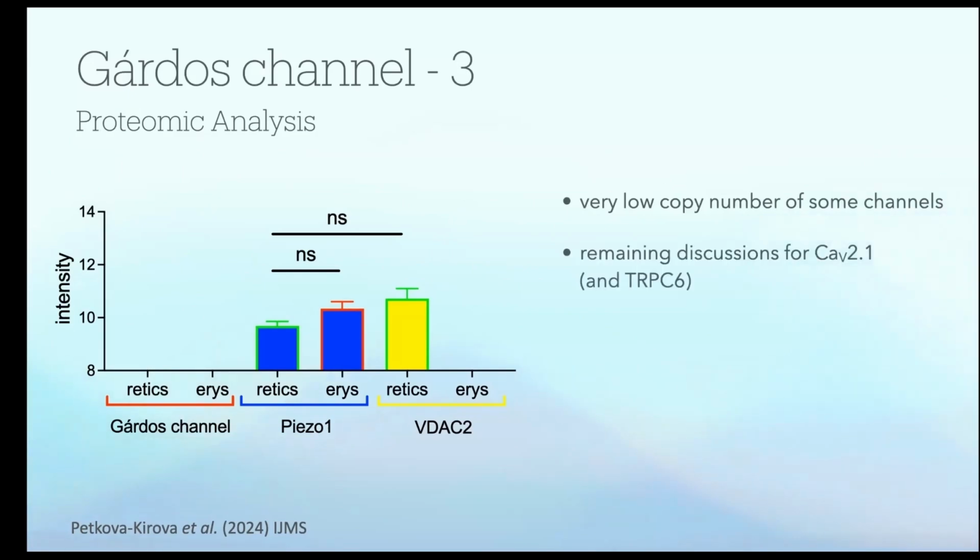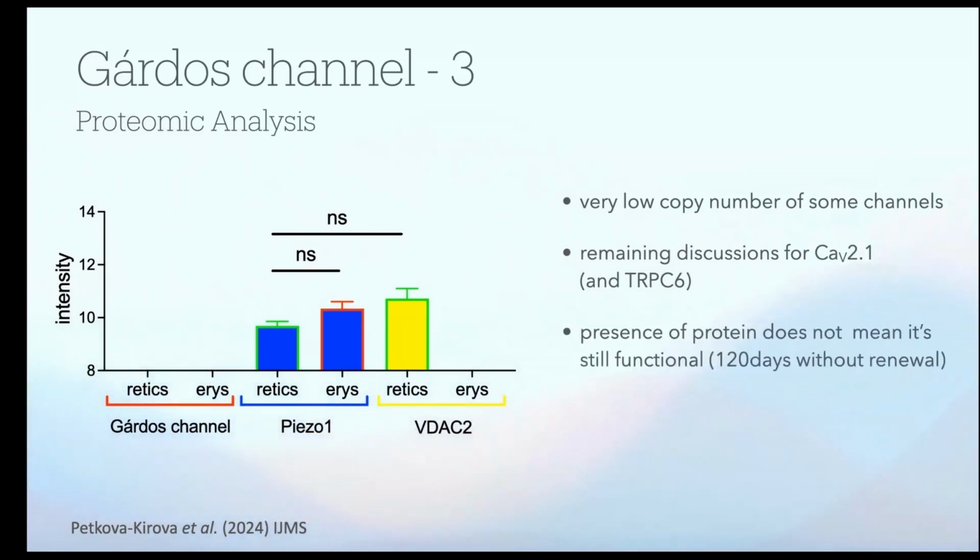And we have the remaining discussions for the KCa2.1 that I already mentioned, and a similar discussion for the TRPC6 that could never really be shown in Western blots to be present. But again, functionally, we see something like TRPC6, but this is only a side note.